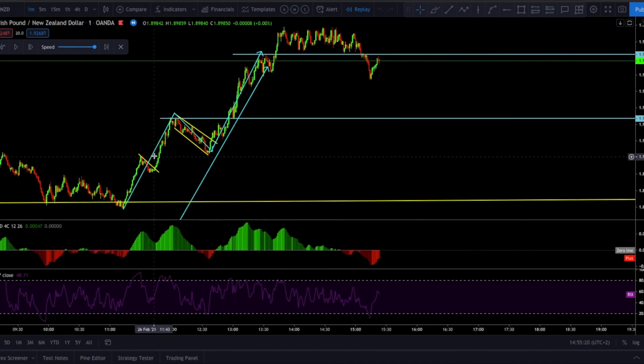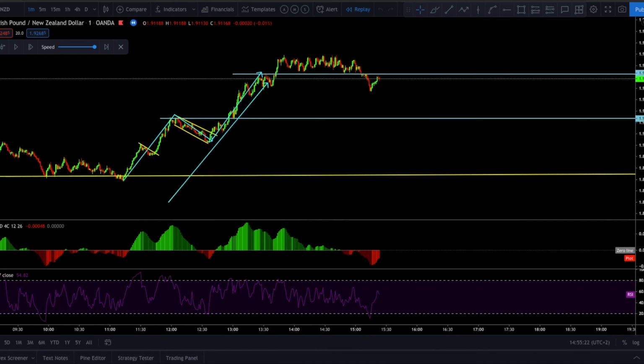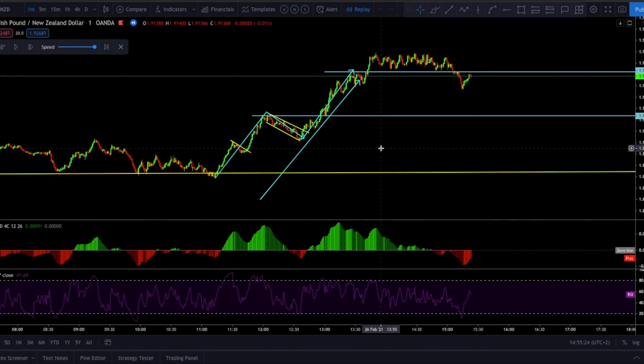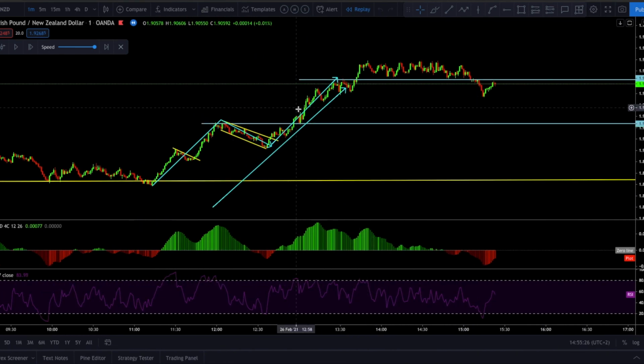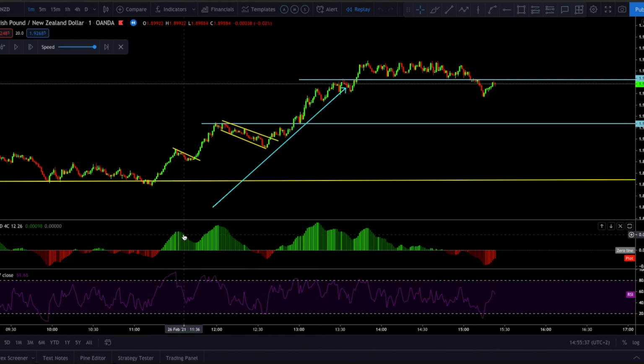I also like using MACD to enter the trades, because this is how I use MACD. I'll just touch on it, I won't dwell on it. This is how I use MACD and the RSI. Every time I see a correction, my MACD is supposed to be approaching the 0 line.